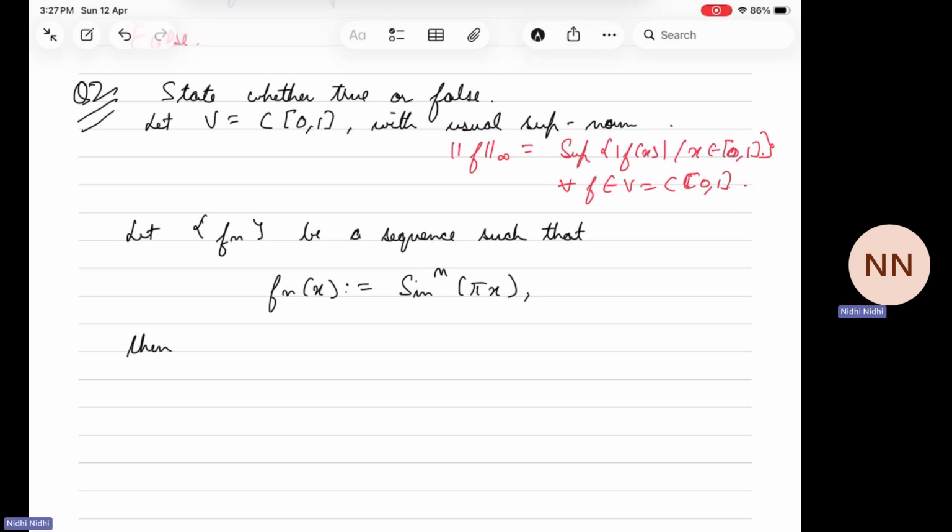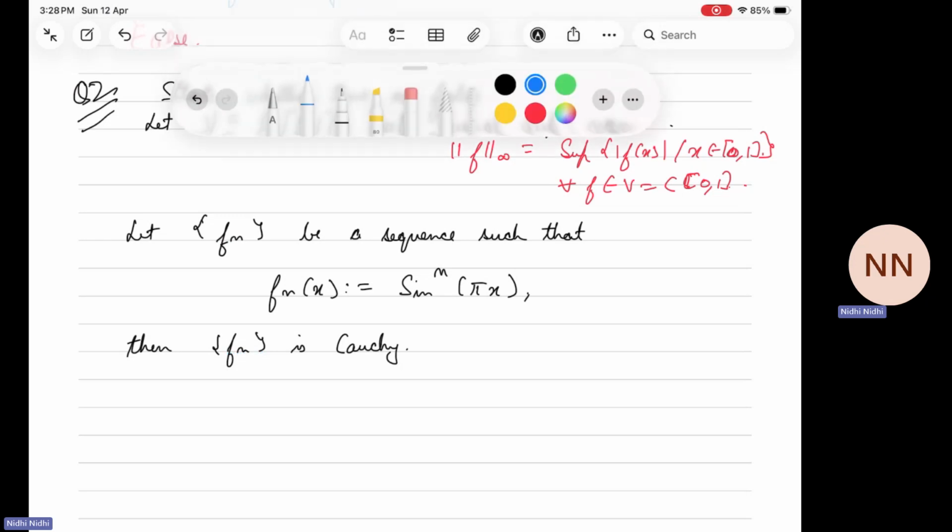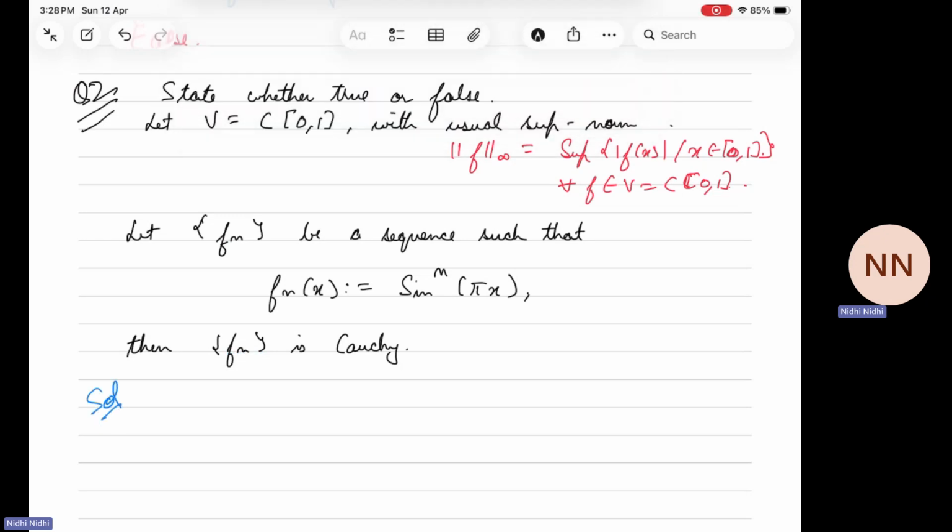Then the sequence Fn is Cauchy. So we need to see whether this sequence is Cauchy or not.